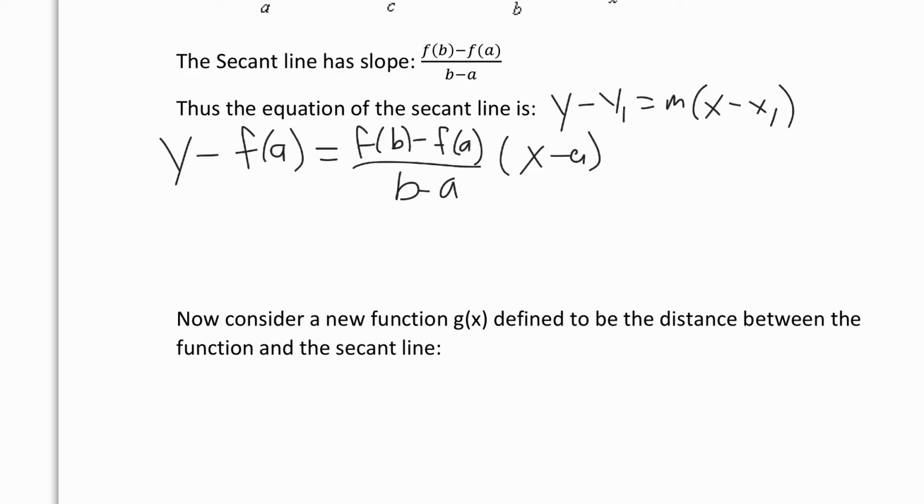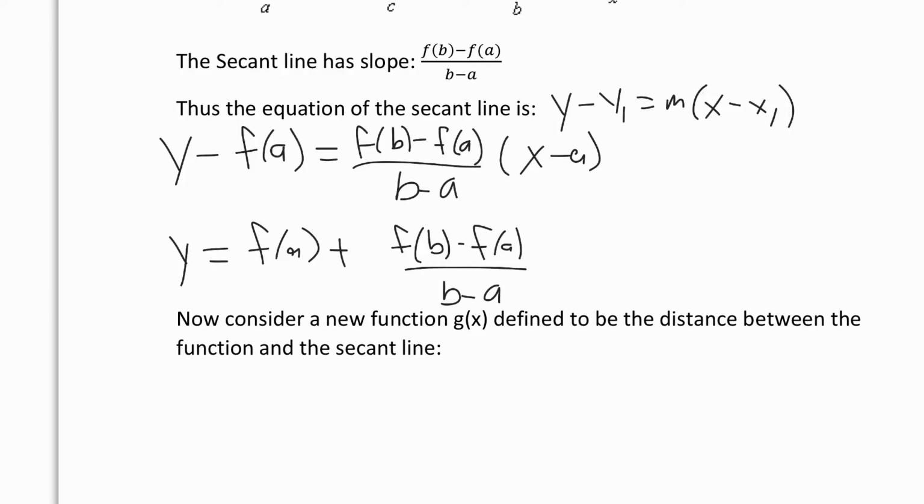Now I know that's a bit of a crazy formula, but if we move the f of a to the other side, we have the following. Y equals f of a plus f of b minus f of a over b minus a times x minus a. It's a big equation, but this is the equation for a secant line.